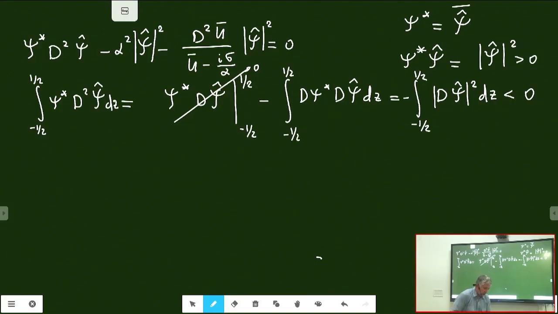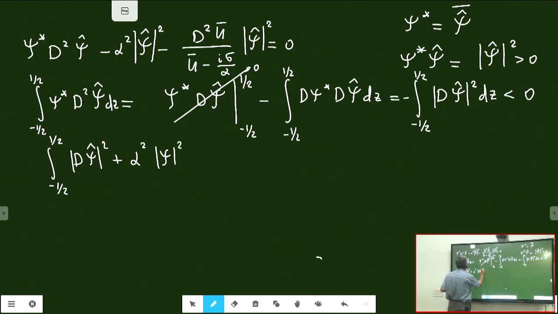All right. So what's next? Now I combine this result with the integration of the second part, and if I do that, I will get the integral from -1/2 to 1/2 of, so I'll use that result, d psi hat squared plus alpha squared psi magnitude squared dz.